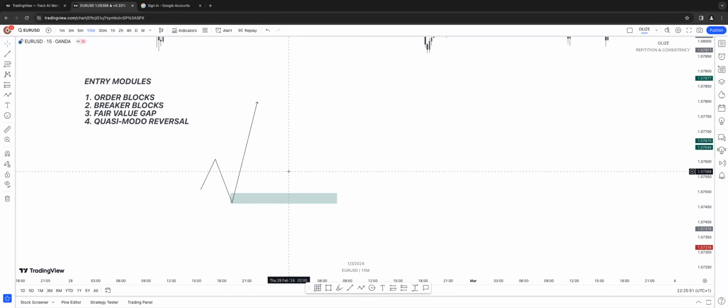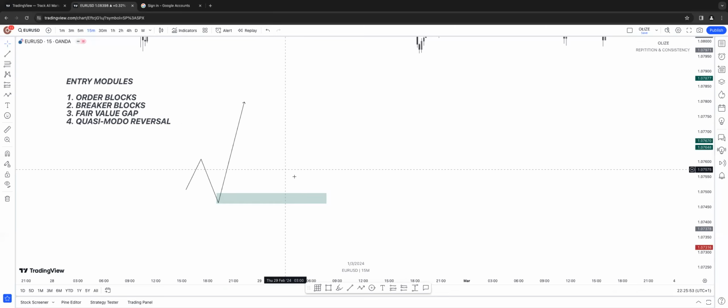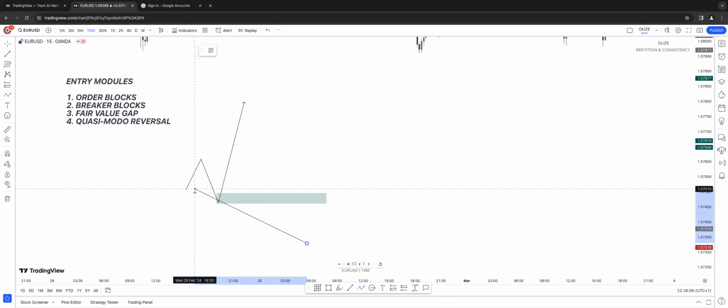And factors we use in considering a valid order block for trading the algo market structure: in trading the algo market structure, your Quasimodo is important. That's one. After having a Quasimodo, having a fair value gap or an imbalance after the impulsive move is also what validates your order block, and of course our structural liquidity as well. So those are things you consider when marking out an order block.